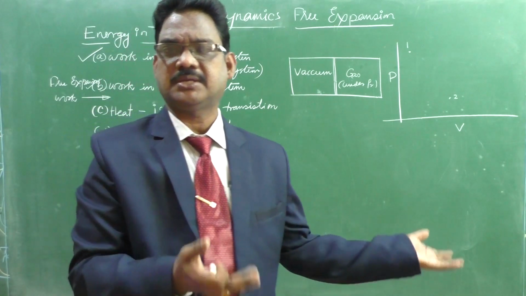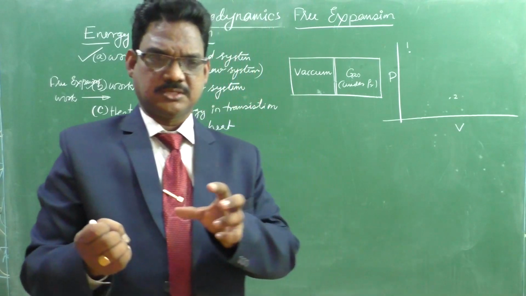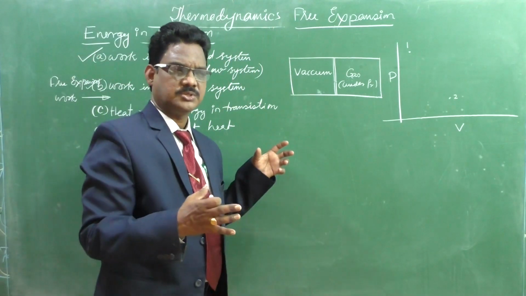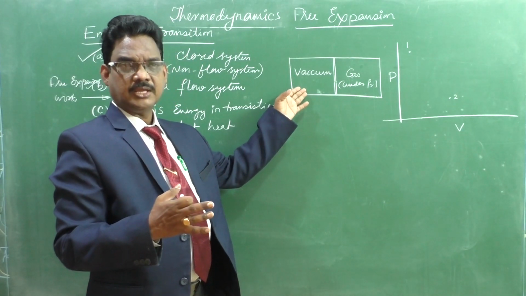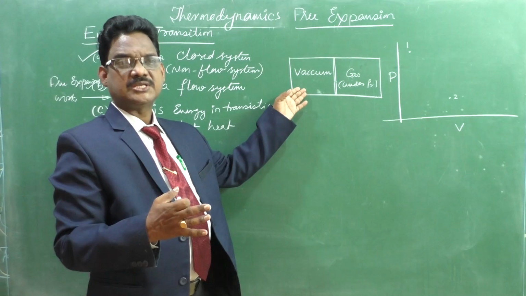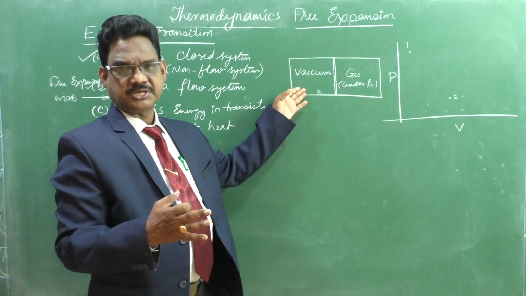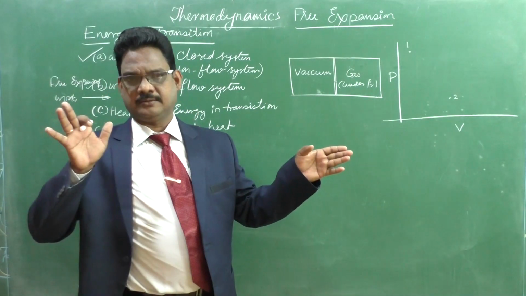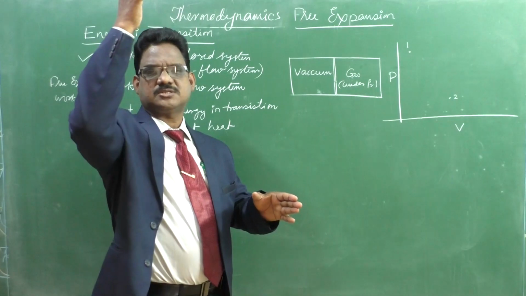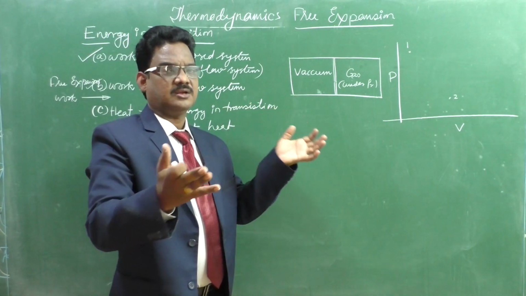No work is done by that gas. Work done is 0 because it is freely expanded into the other partition, into the vacuum, and there is no restriction for this. If a restriction is there, then work will be done. It is just expanding there, but it will not do any work.